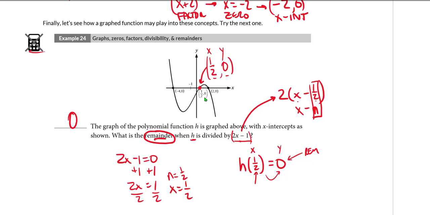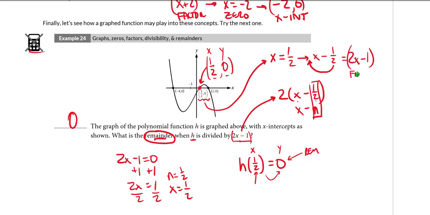The other way of looking at this, and this might even be an easier way, would have been to immediately convert this x-intercept into a factor by knowing that x equals 1/2 has to be a root or 0, which means that x minus 1/2 has to be a factor. Remember that we said we will often need to take that 2 in the denominator and swing the 2 up in front of the x, leaving us with 2x minus 1.